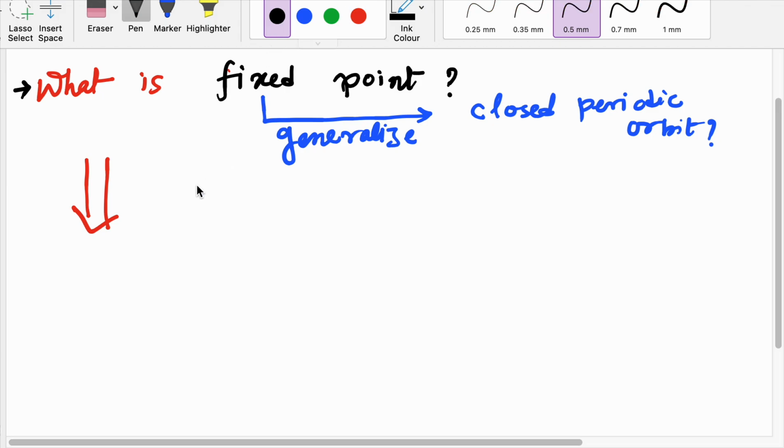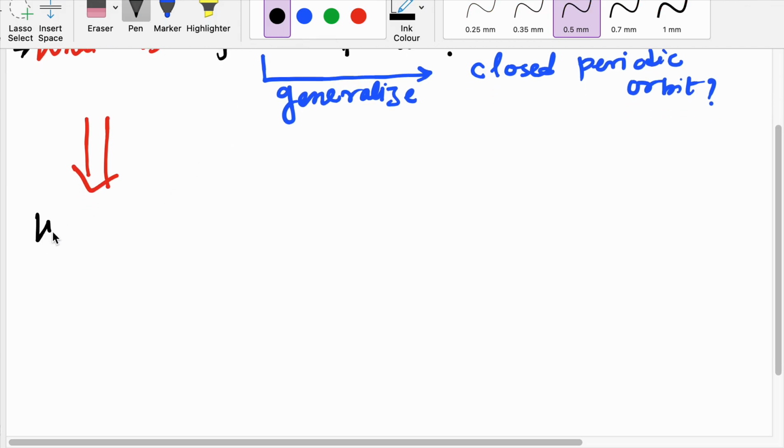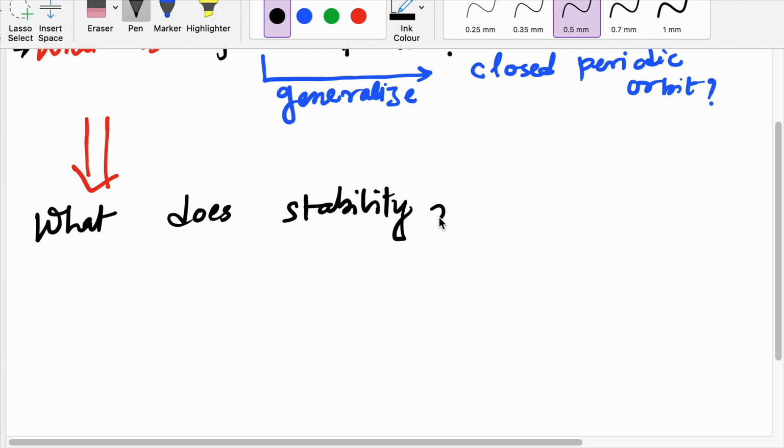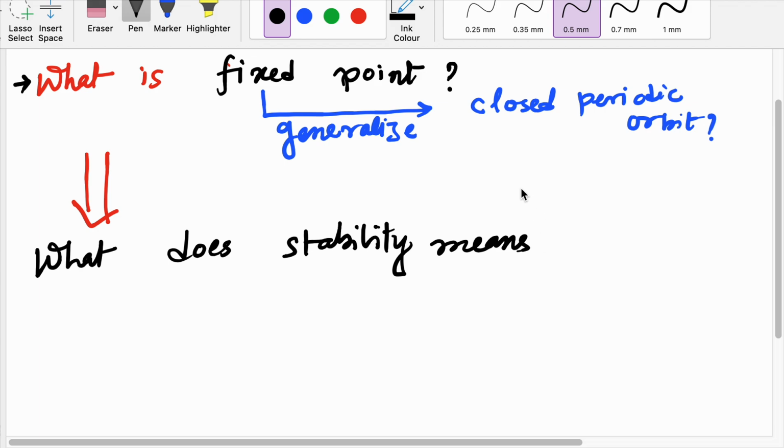of stability. What does stability mean? We have seen that if a fixed point is stable, then we can say what stability means for a system.